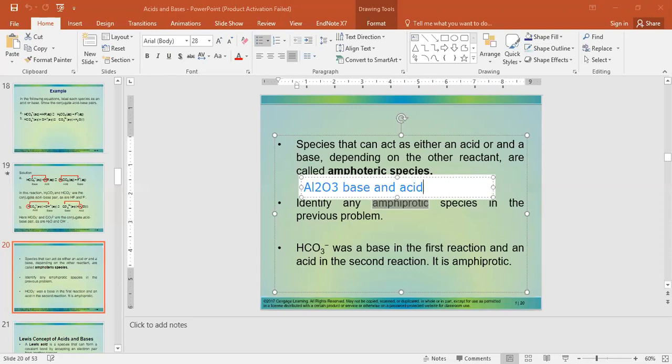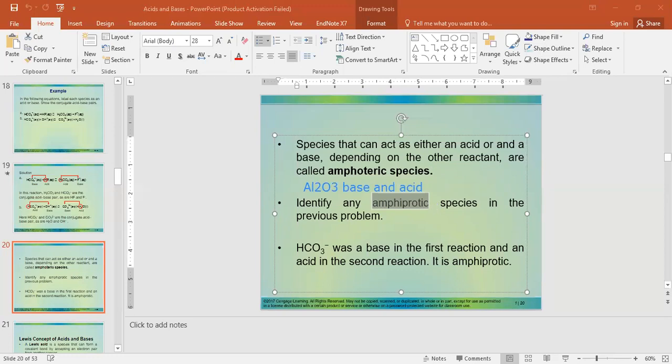Now the question is, is it amphoteric or is it amphiprotic? Now, in the behavior of acid and base for this aluminium oxide, there is no transfer of protons from one species to another. And therefore, this compound is amphoteric and not amphiprotic.